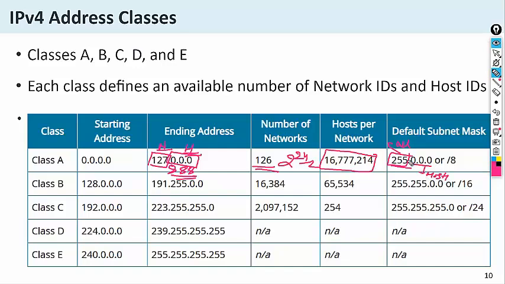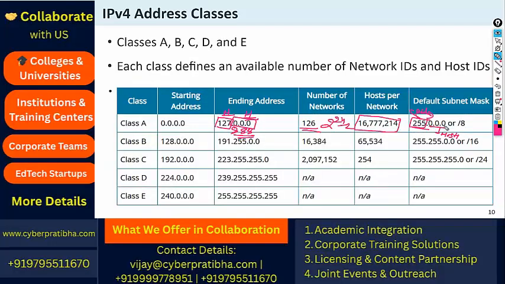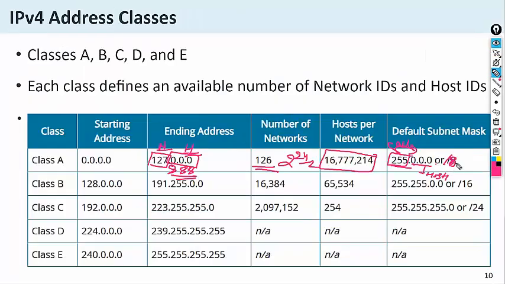So that is the reason the subnet mask by default is 255.0.0.0, or you can say /8. The 8 means the starting 8 bits are the part of the network ID. That is the reason it is called /8.